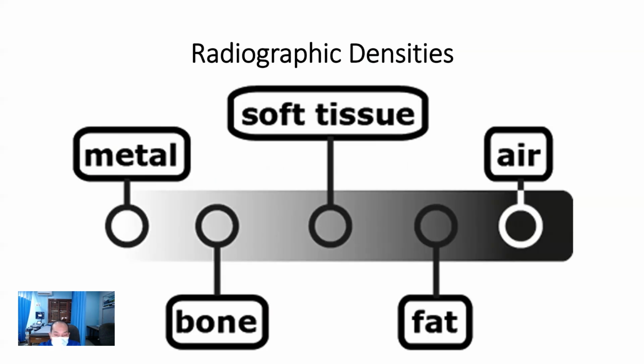So as you know, we have five densities in radiograph. First one is air, which we can see as black, and then fat, a little bit gray, and soft tissue, which we can see as a little bit bright gray or light gray, and bone is white, and metal is more white.